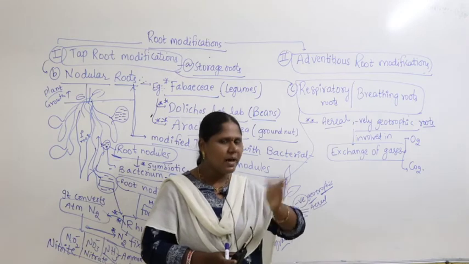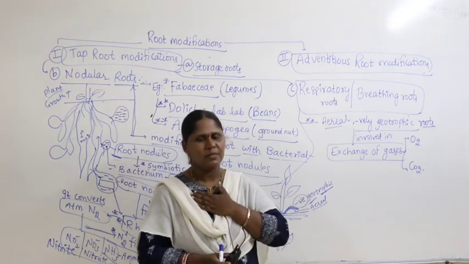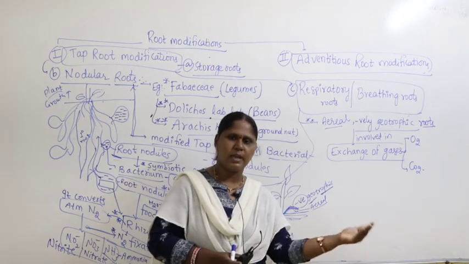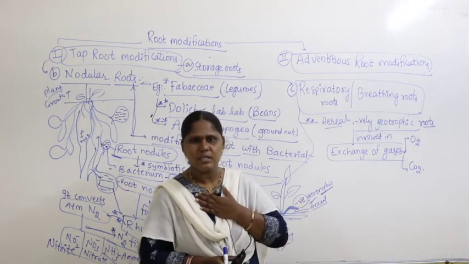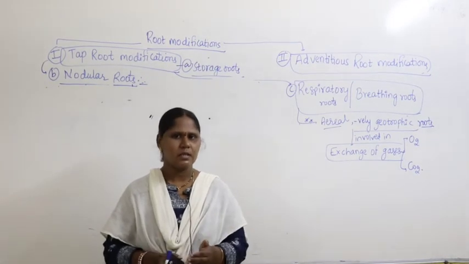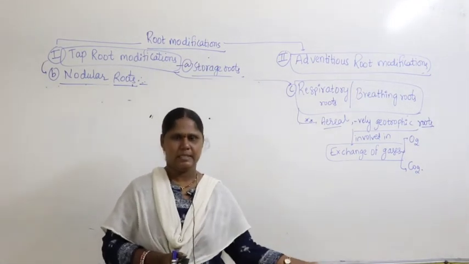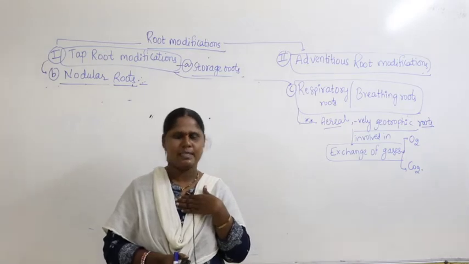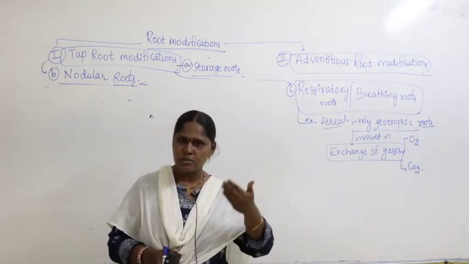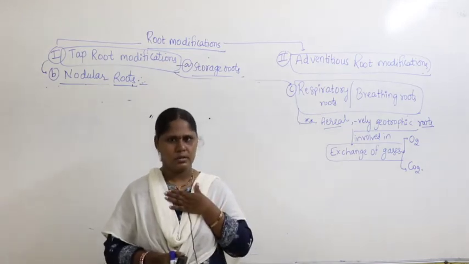So how nature is balancing both of us. I am a living organism, I have to survive. Even a plant is a living organism, it has to survive. See the wonderful part of nature, what nature is doing is, I want oxygen.